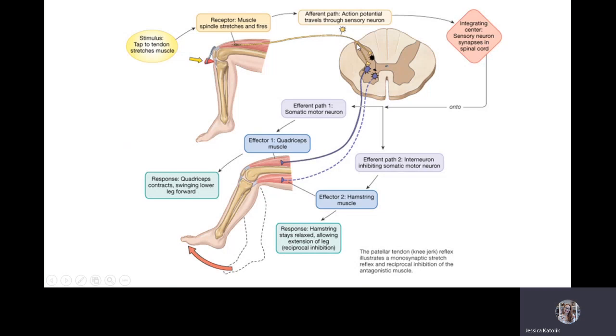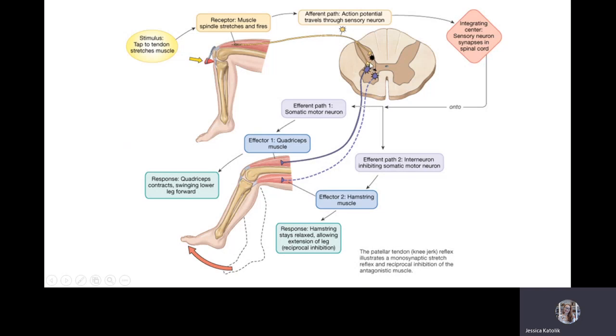The axon of the sensory neuron will actually branch and have collaterals, and these collaterals will actually synapse with multiple neurons. Here it's going to synapse directly with the motor neuron, and here we're going to have it synapsing with an interneuron, and then again to a motor neuron. So here we have a monosynaptic reflex, and here we have a polysynaptic reflex within this kind of same structure.